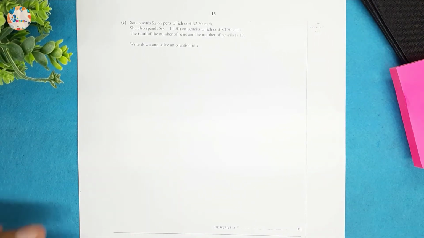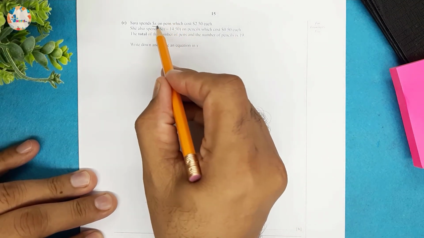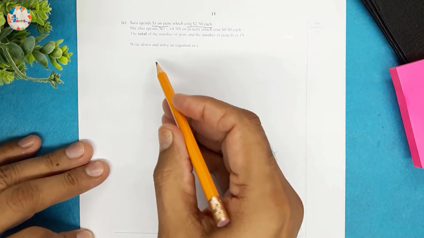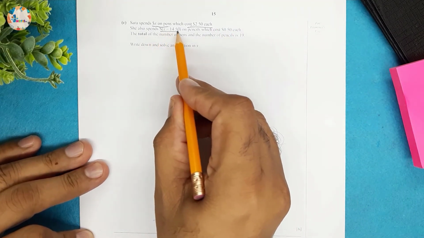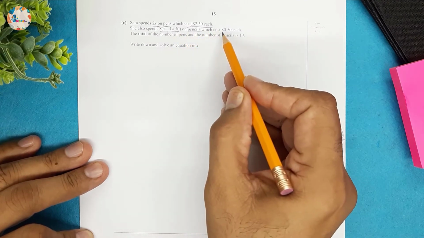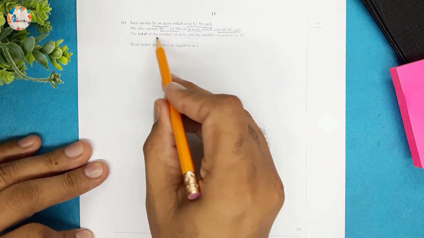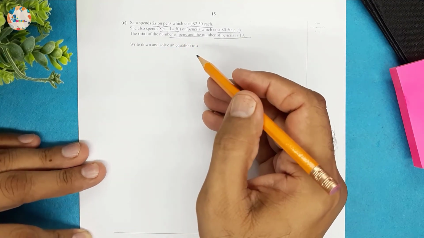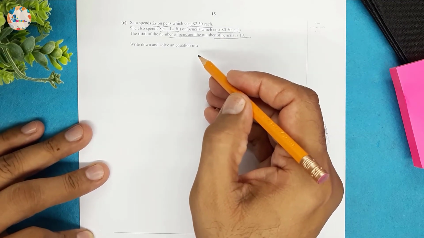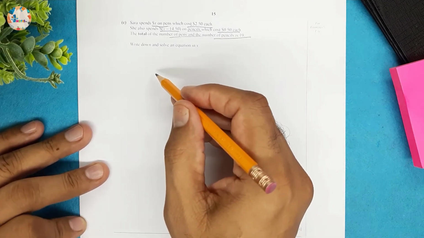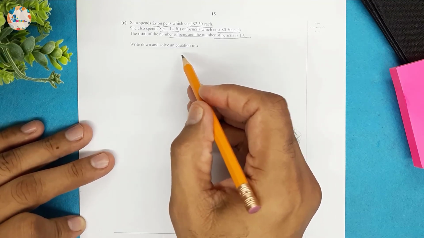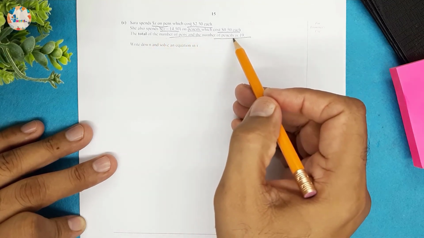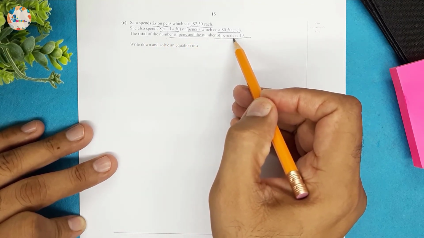Sarah spends x dollars on pens, which cost 2.50 each. She also spends this much on pencils, which cost this much each. The total of the number of pens and number of pencils is 19. So write down and solve the equation in x. So we have to write down the equation in x. Basically the total of the number of pens and number of pencils is equal to 19.